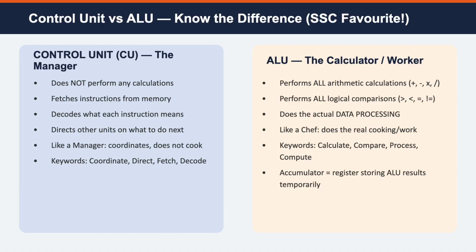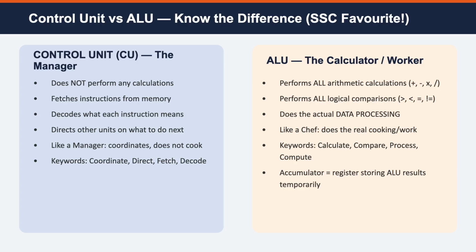Left column, control unit does not calculate, fetches, decodes, and directs instructions. Keywords: coordinate, direct, fetch, decode. Right column, ALU performs all arithmetic and logical operations, does actual data processing.